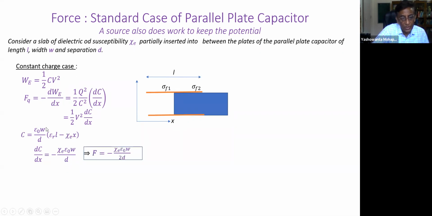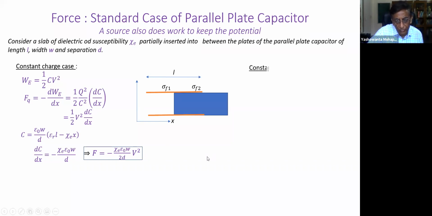The force can be easily plugged in with dC by dx, and the force is in the minus x direction, which means it's getting pulled in, which is the case for any dielectric. The force is attractive because the bound charges want to be close to the free charge. If there is a plus charge, then a minus charge would form next to the plus charge, and hence there is attraction, just as in the case of the conductor.